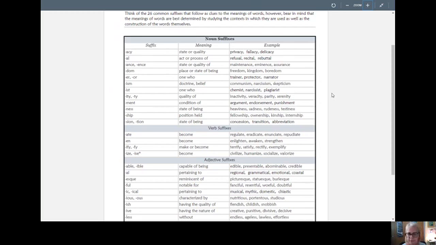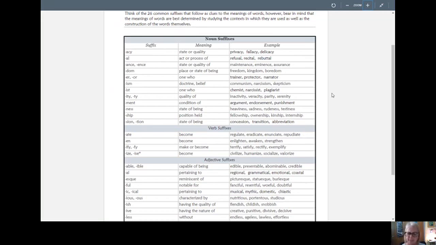So ACY, we can add it to the root word private and make privacy. So it means in the state of being private, which means you don't want to share a lot. You want to keep it to yourself. That's something very private. So I want my privacy. The base word is private, which is an adjective.